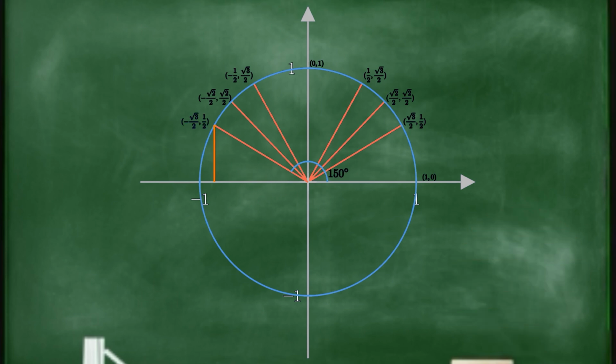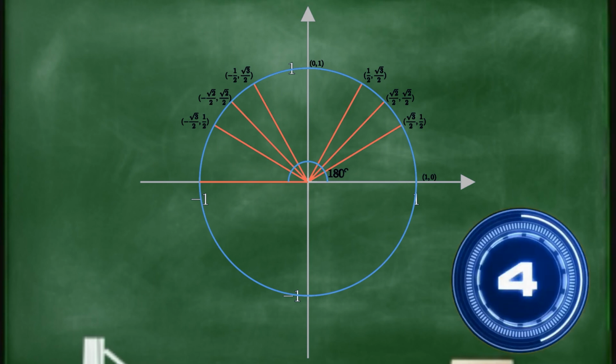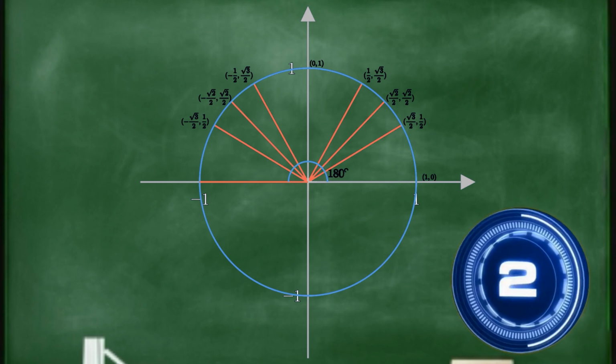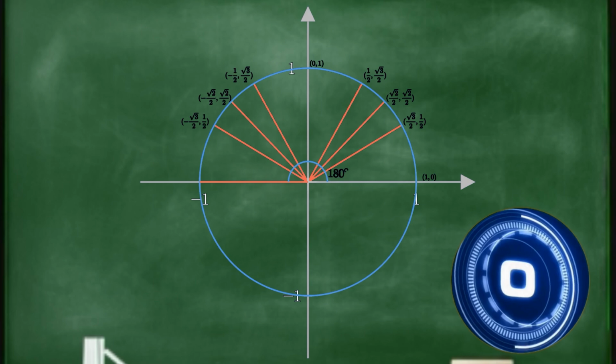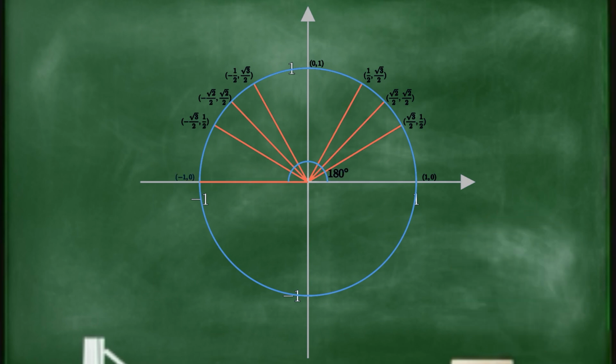Great. The negative square root of 3 over 2 and 1/2. How about this? Correct. It's negative 1, 0. Next.